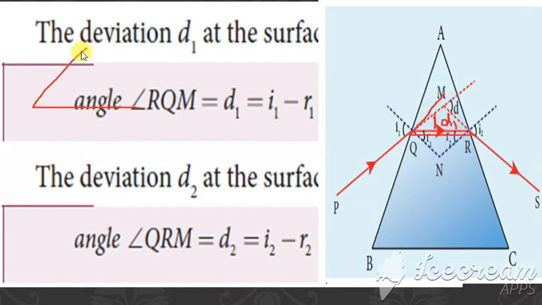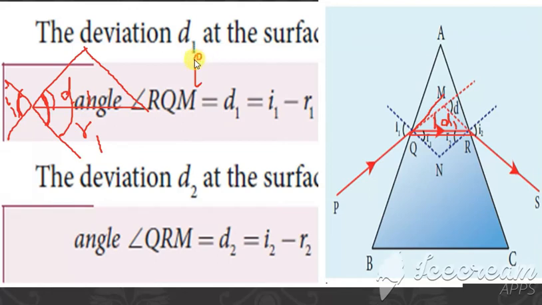How can you write this? D1 is this angle, and on the opposite side we have the angle of incidence I1. So on this side we have the angles D1 and R1, because this side angle and this side angle will always be equal.